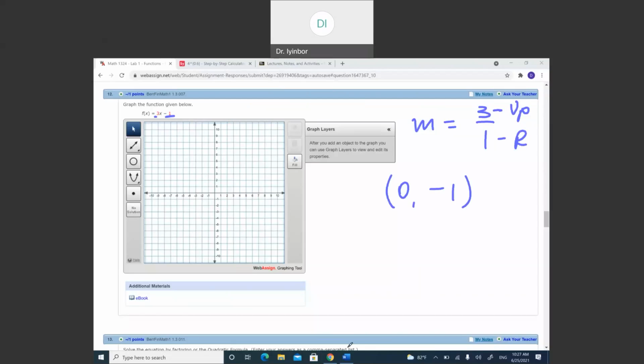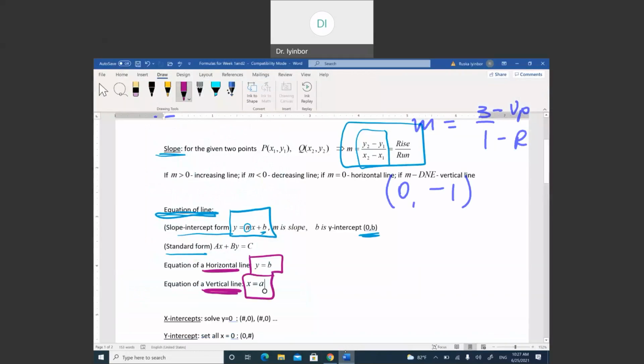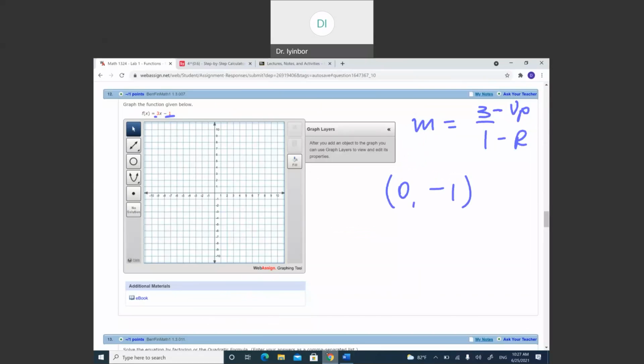So remember we did that. Let me show you the formula sheet again. See, the y-intercept is right here. So if you have y equals something, the number in front of x is the slope, the number by itself is the y-intercept. So we're going to graph it. And this is how you graph it. You're going to click on the first option for the line. Then you're going to start with the first point, 0, -1.